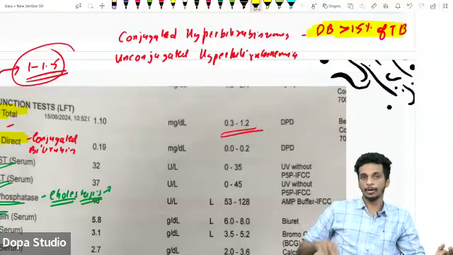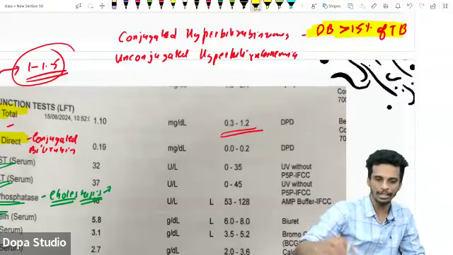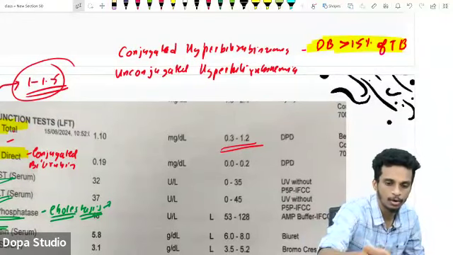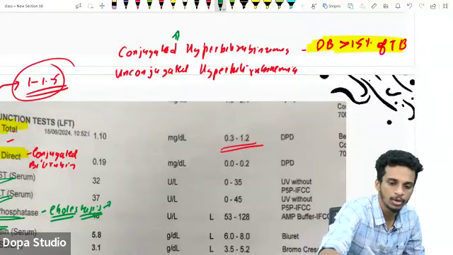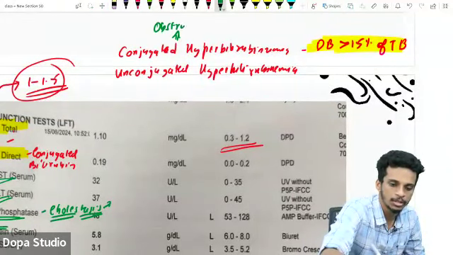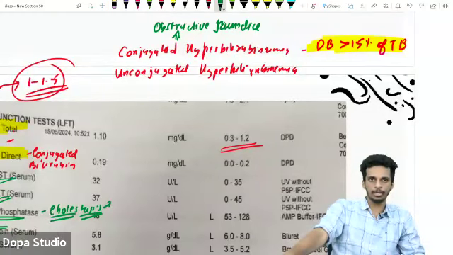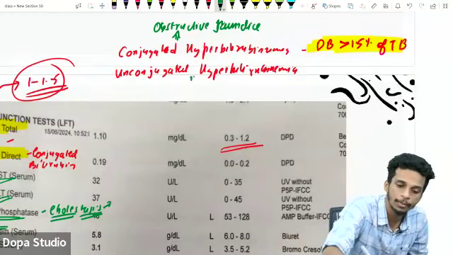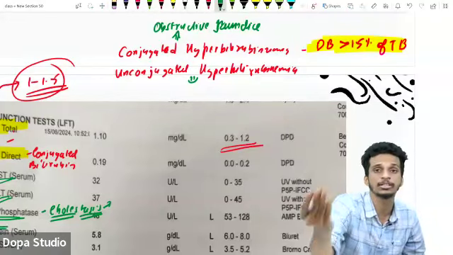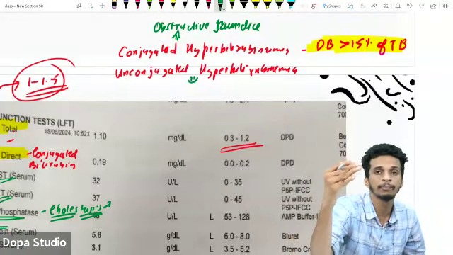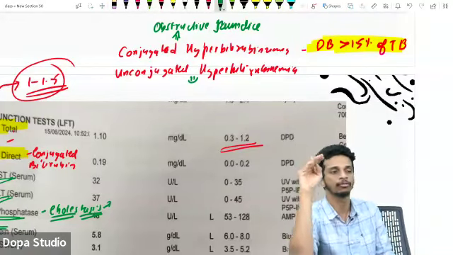When will I call it conjugated bilirubinemia or unconjugated bilirubinemia? This has very important clinical significance, because conjugated hyperbilirubinemia we usually see in obstructive jaundice or post-hepatic jaundice, since conjugation occurs in the liver. And we see unconjugated hyperbilirubinemia when there is increased production of bilirubin. When is there increased production of bilirubin?